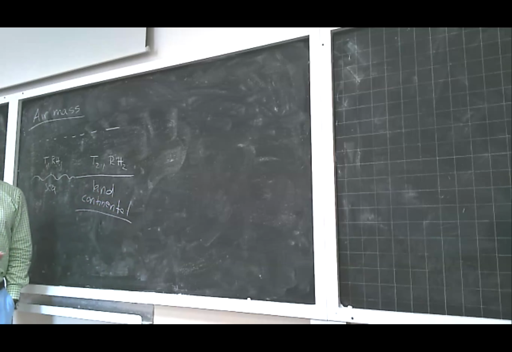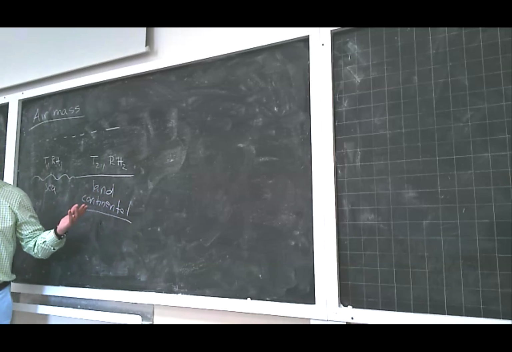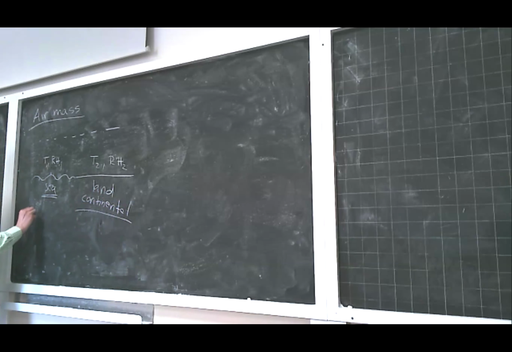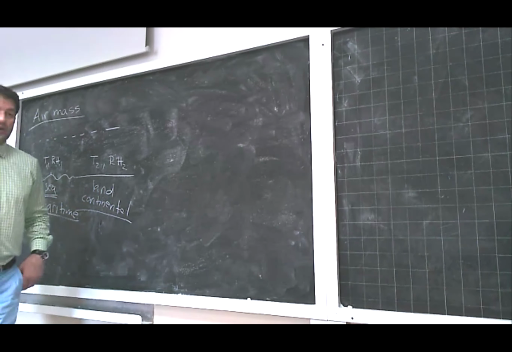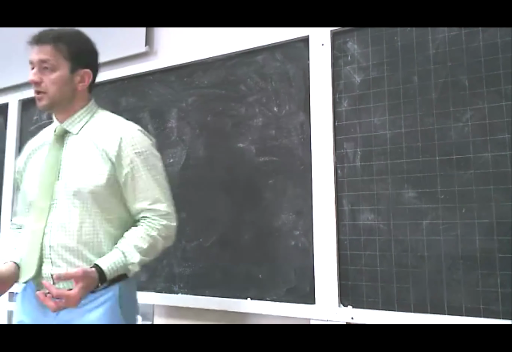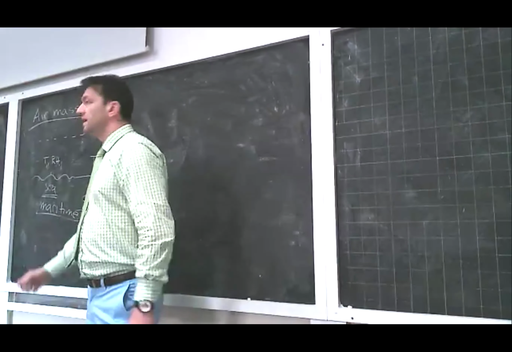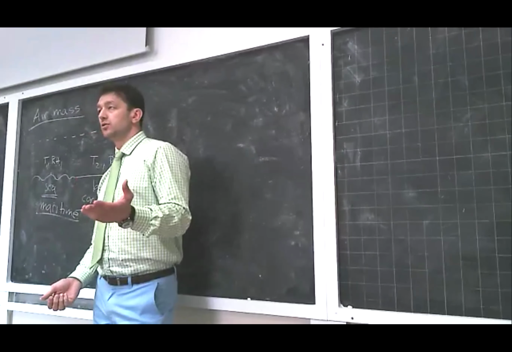We don't call it land mass, we say continental air mass. And the sea or ocean one, we call maritime. It's just labeling.